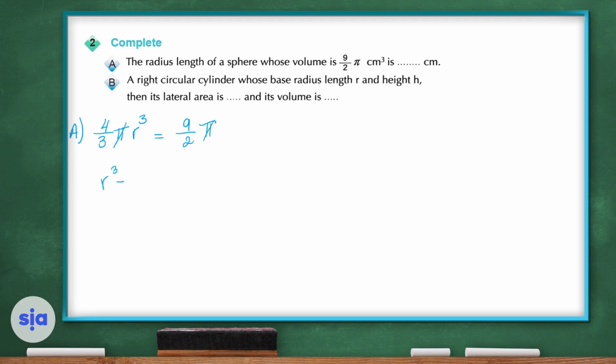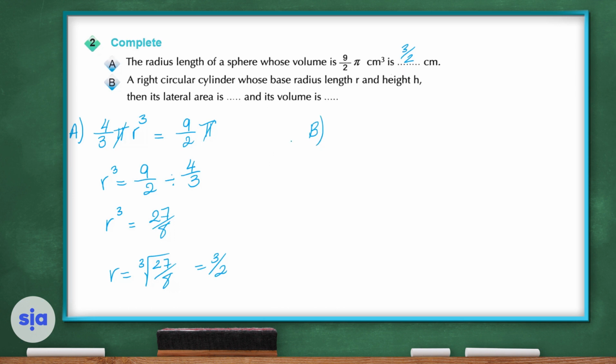Then r cubed equals 9 over 2 divided by 4 over 3. Then r cubed equals 27 over 8. So r is the cube root of 27 over 8, which is 3 over 2. So the radius is 3 over 2 centimeters, or 1.5 centimeters.